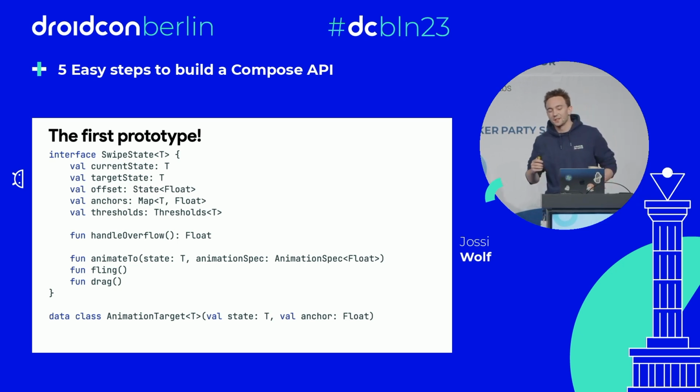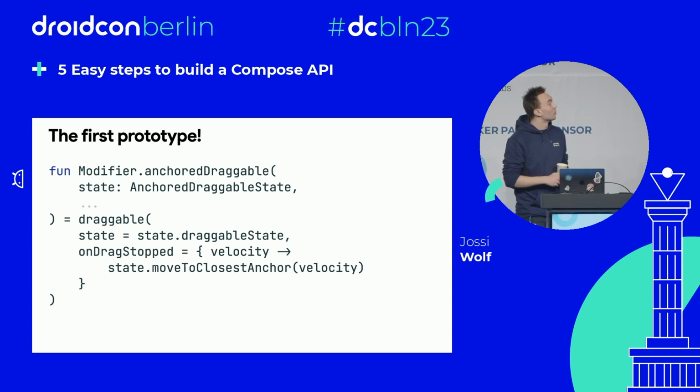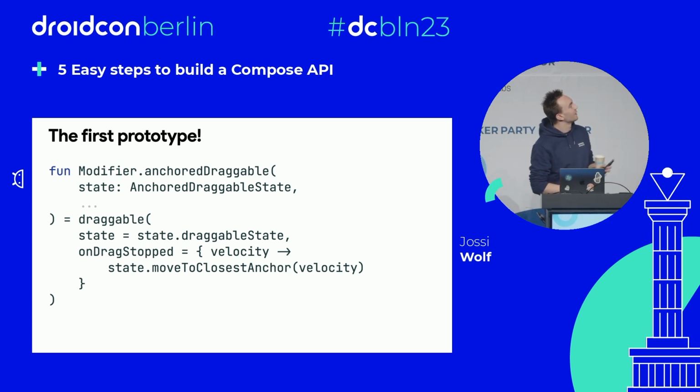Well, this was actually the 1.5 prototype. And then I was also experimenting with the modifier itself. I shouldn't have called it anchored draggable here, because at the time it was called swipeable v2. But I want to show that we were pretty much just calling draggable and not doing a whole lot of work here. One of the important questions is, do you really need this API?